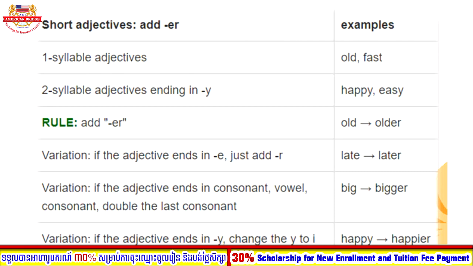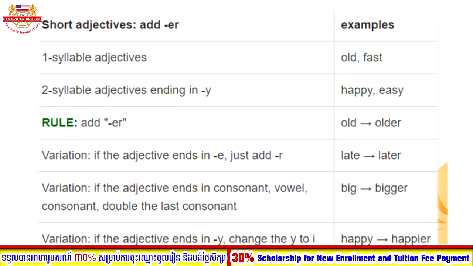For two syllable adjectives ending in y, like the word happy, easy, what should we do, everyone? We have to change y into ier. So happy will be happier, easy to easier.